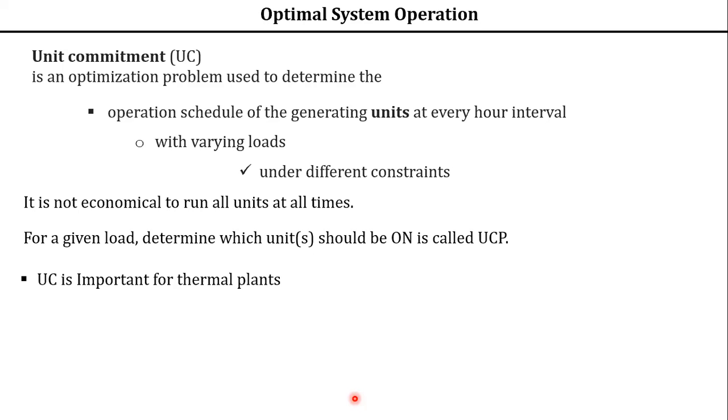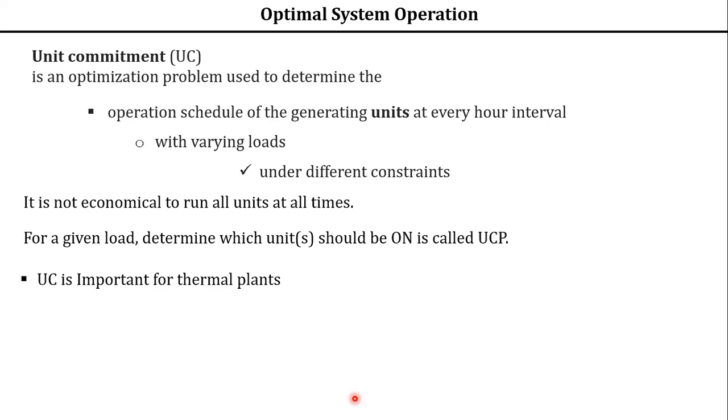So there is no variation in load. Once a nuclear power plant is started with a particular load, it remains the same throughout. So hardly any control exists in the nuclear power plant. Is it clear? That's why unit commitment is not important for nuclear and hydroelectric power stations.